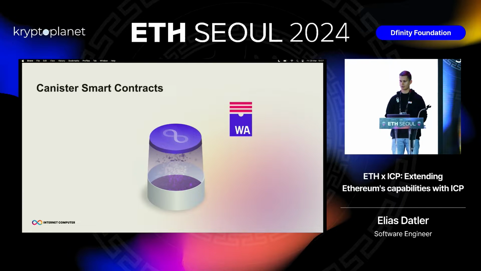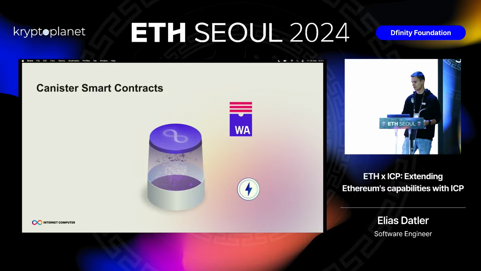So for example, we have Rust, we have a JavaScript framework, we have a Python framework, and we also have our own programming language called Motoko that's specifically designed for the internet computer. And you can use a bunch of languages to write smart contracts.